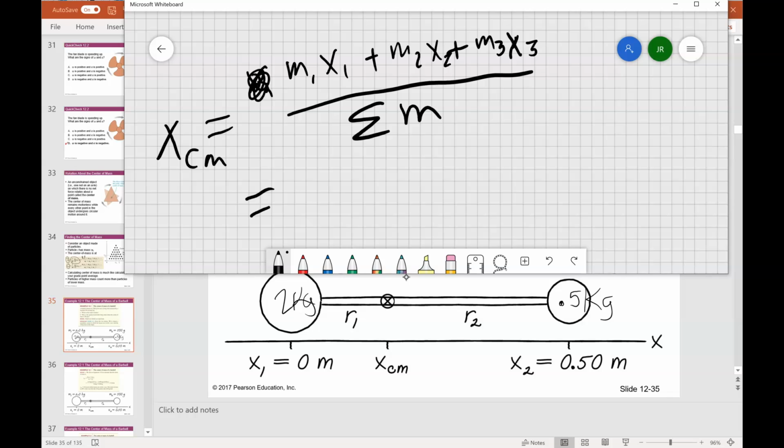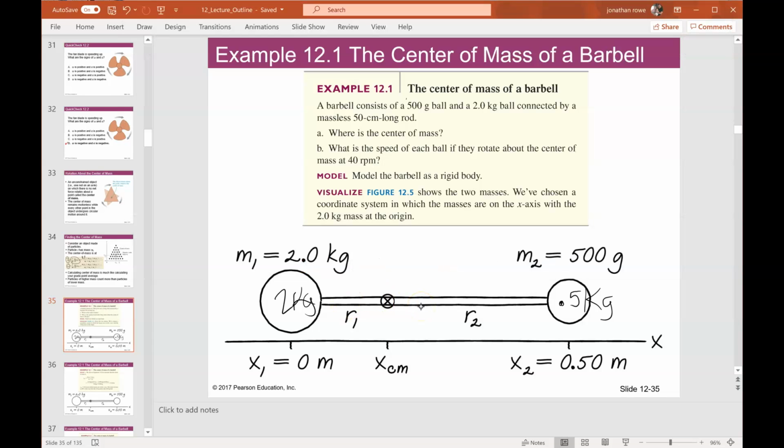In this case, it is 2 kilograms times 0, because the x coordinate of that is 0 since we defined our origin there. That's why that's convenient. Plus 0.5 kilograms times the 0.5 meters that it is from the origin, plus m3 would be the rod itself.